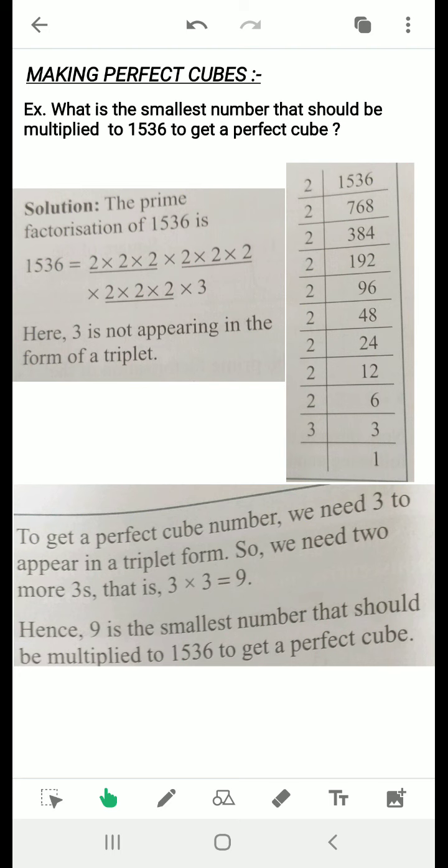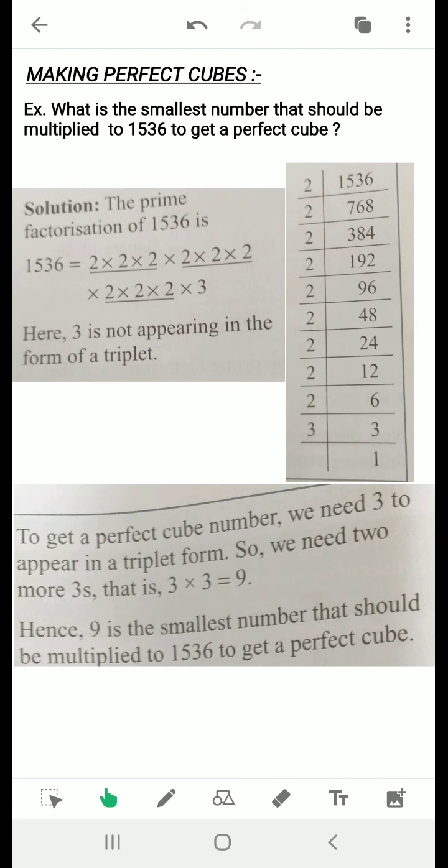So here also we can make any number a perfect cube by multiplying and dividing. What we need to do is that all the numbers should be in the form of triplets. So now to complete the triplet of these 3, we require 2 more 3's, that is 3 multiply 3, 9. So if we multiply this number by 9, then we will get a perfect cube. So 9 is the smallest number that should be multiplied to 1536 to get a perfect cube number.